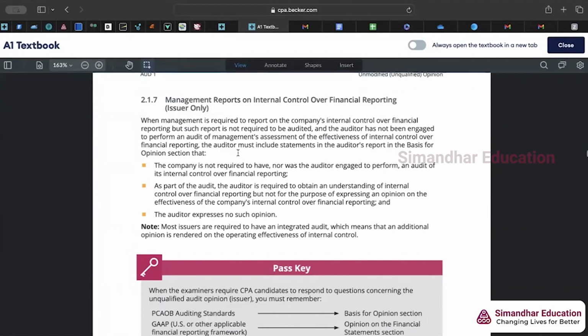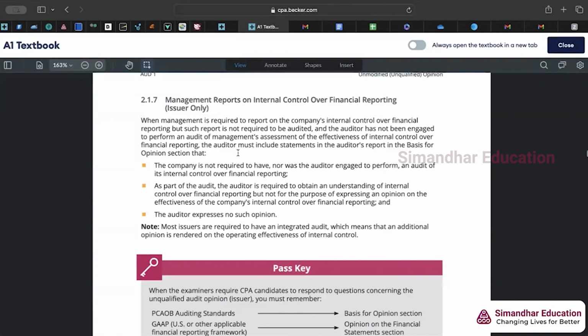For each critical audit or key audit matter, you will identify them, how your audit is addressing them, and how you made sure that it is not wrong.